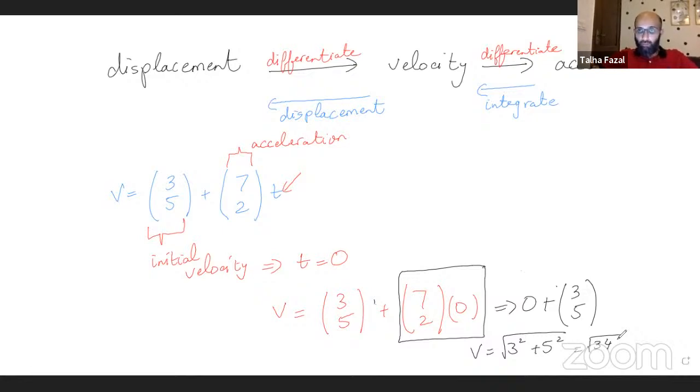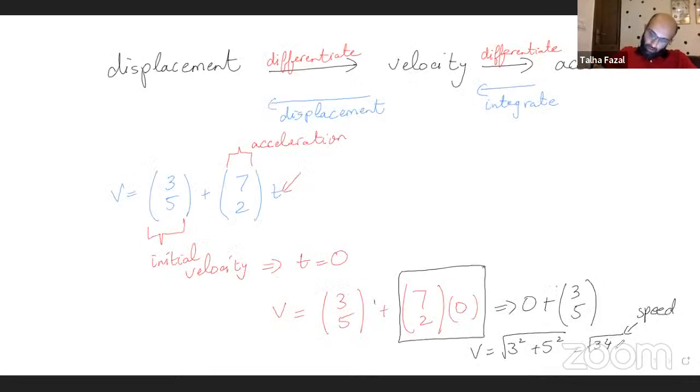Musa, do you get up to this point? Yes, this itself is speed, obviously. Square root of 34 represents speed, which is the magnitude here, right?